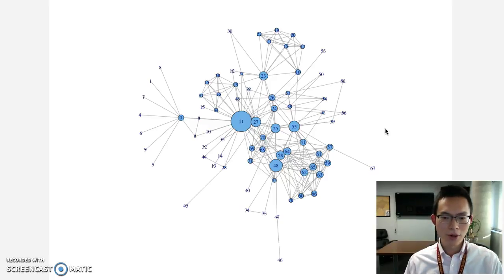For example, bigger nodes, I suppose it means more connections, and smaller means fewer connections. And this is one of the very typical use of the graphical device of the size in social network analysis.